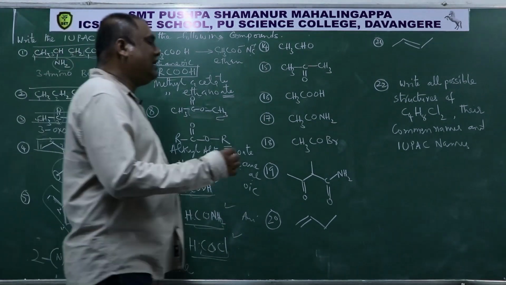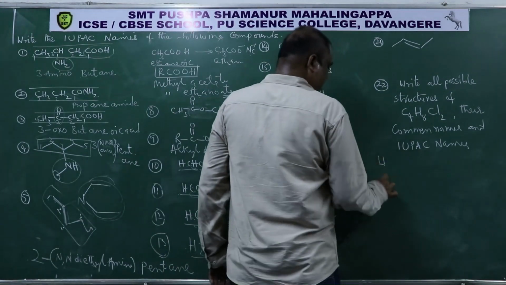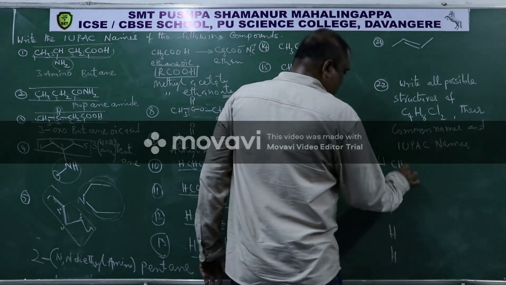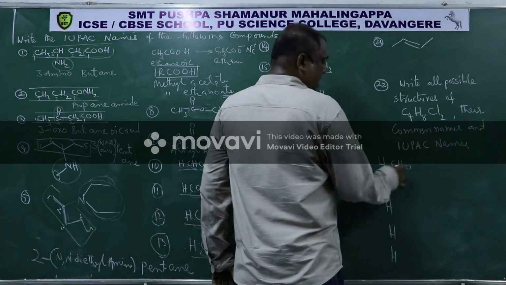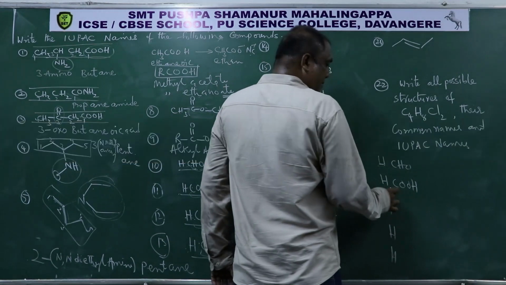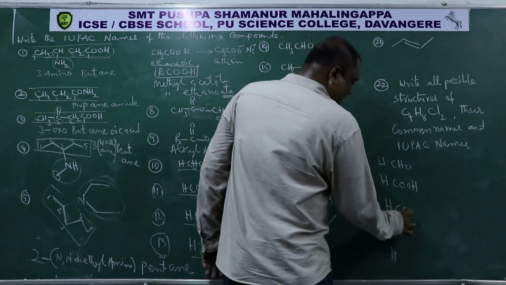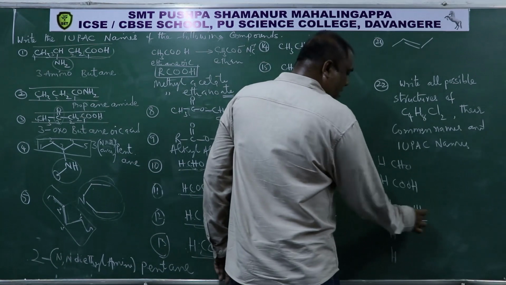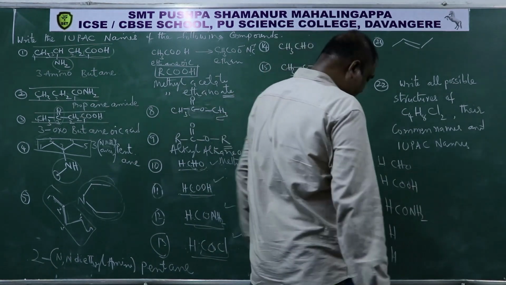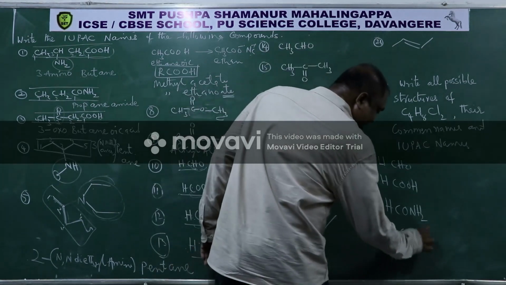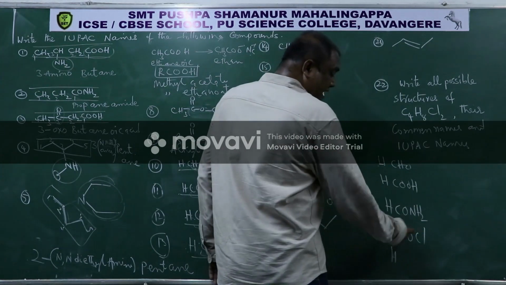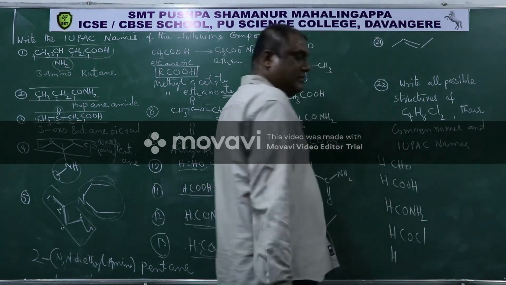So separately we can learn: HCHO, formaldehyde, methanal. HCOOH, formic acid, methanoic acid. HCONH2, formamide, methanamide. HCOCl, formyl chloride, IUPAC name methanoyl chloride.